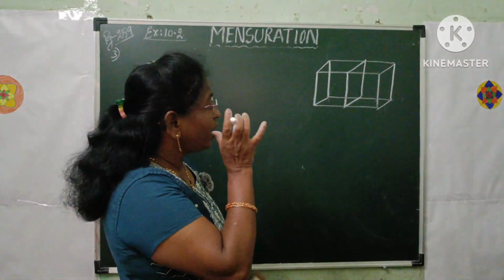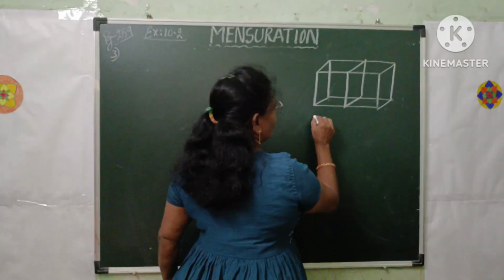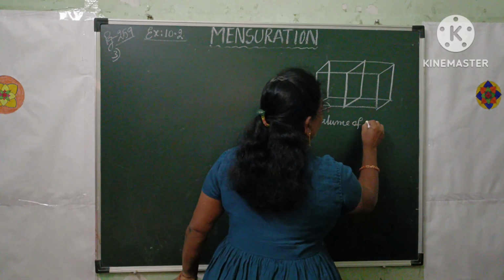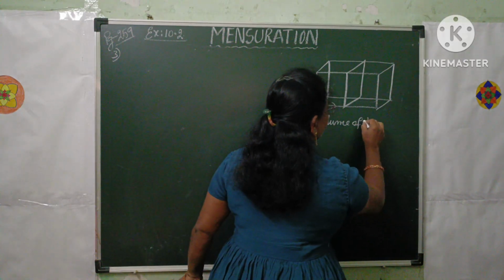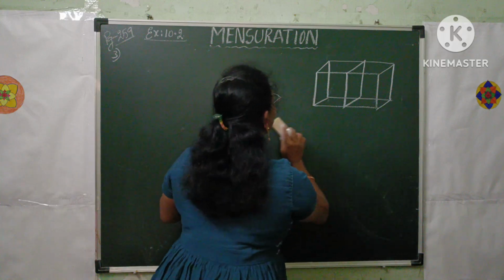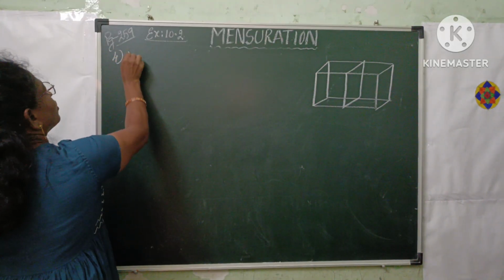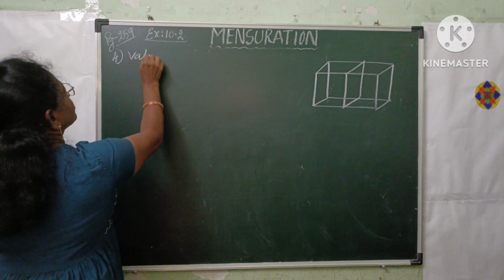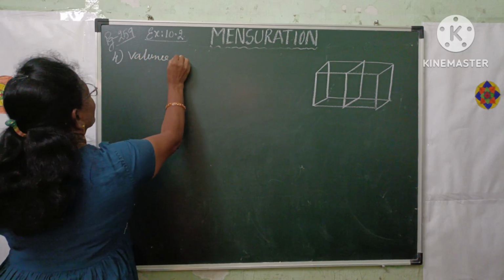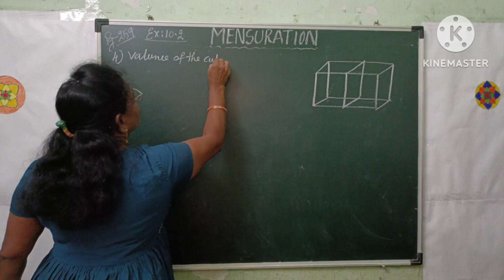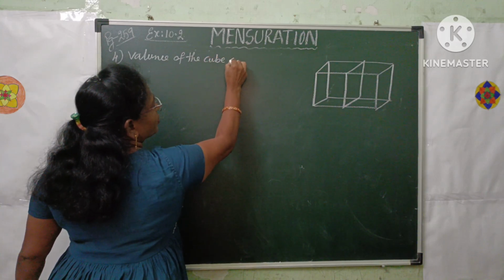And the volume of the cube is given. Volume of the cube. What is the volume of the cube?